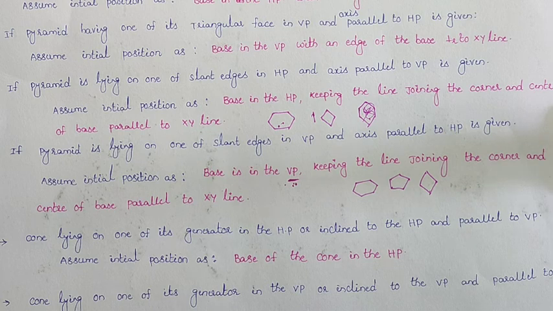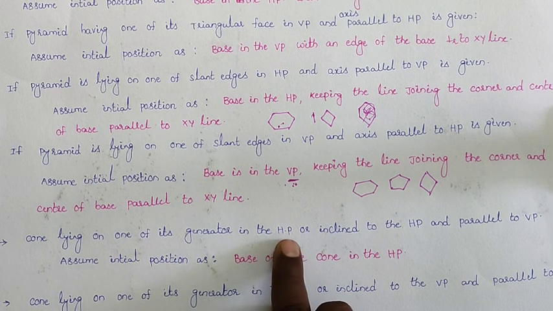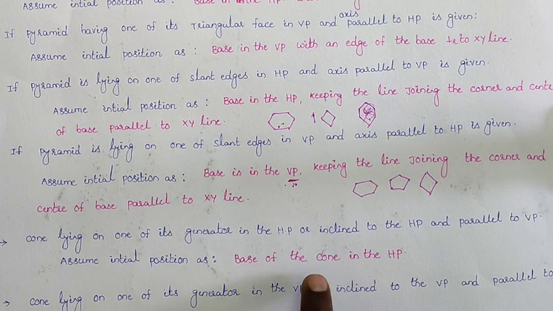We know that when the base of the cone is on the HP, the top view of our diagram will show the base. So when the generator is in the HP condition, in the initial stage we can draw the top view of our diagram as the base. Generators are given in the case of cone and pyramid, and in the case of cylinders they are given the generators.